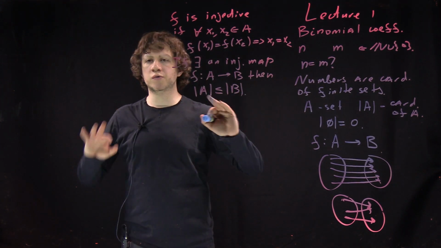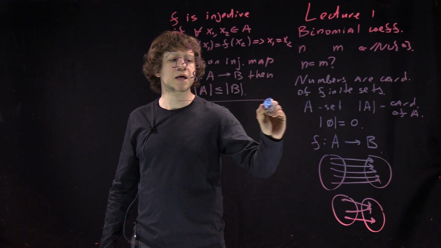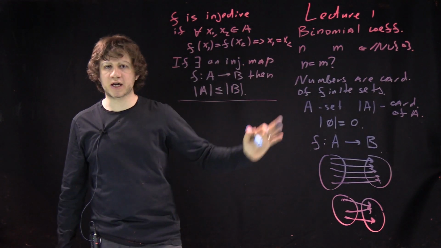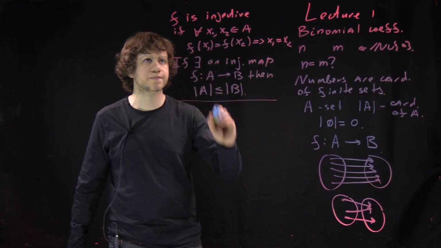I'm not going here into any fundamentals about set theory. You probably have seen it during your calculus course, but since we will do a lot of these bijections, injections, surjections proofs, I want to remind you the basics.